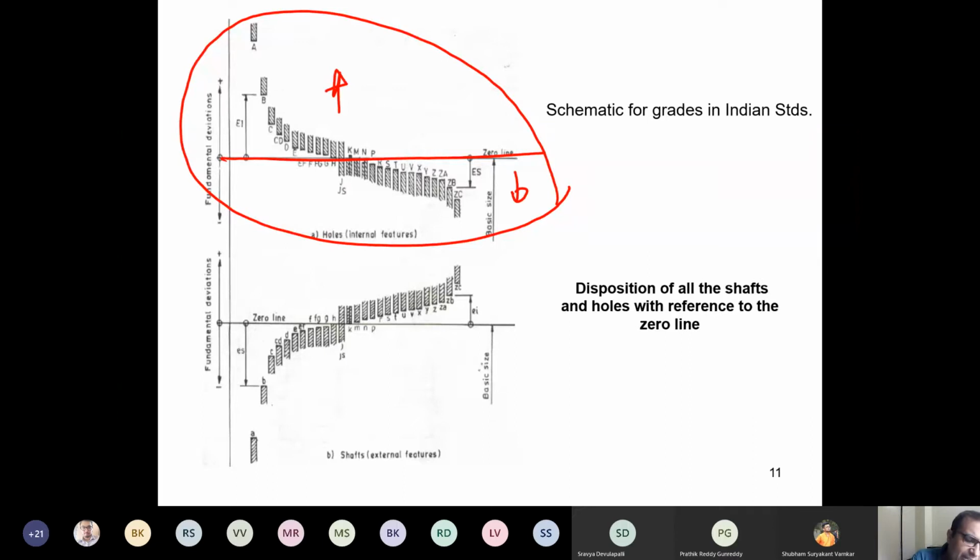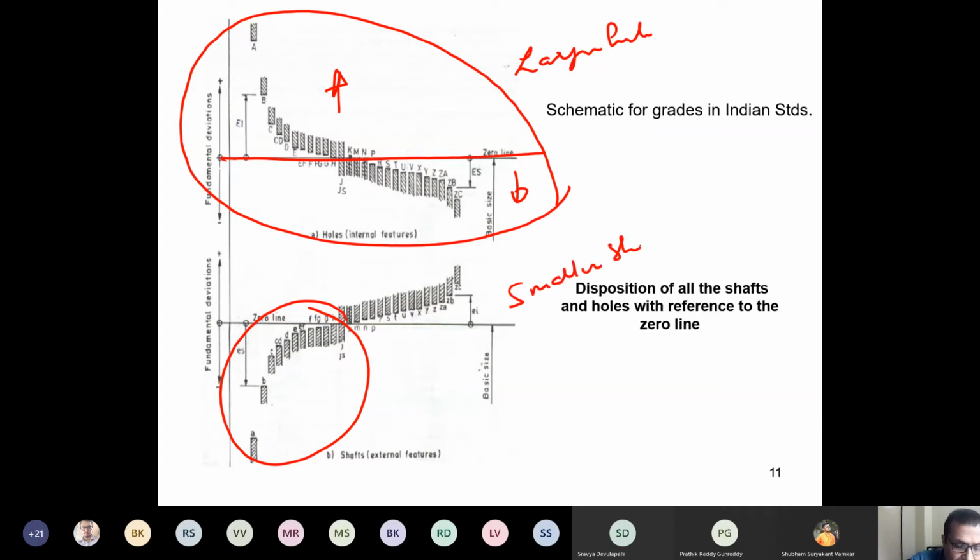So basically, if it is H and lower than H, then it will be a clearance fit. See, there is a larger hole and a smaller shaft, which means large clearances would be there.